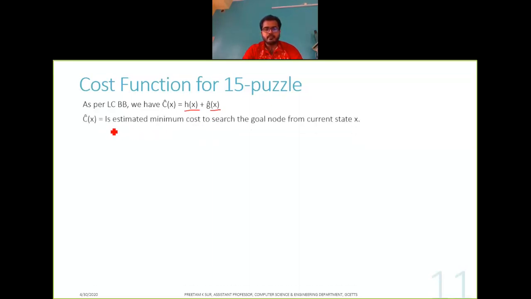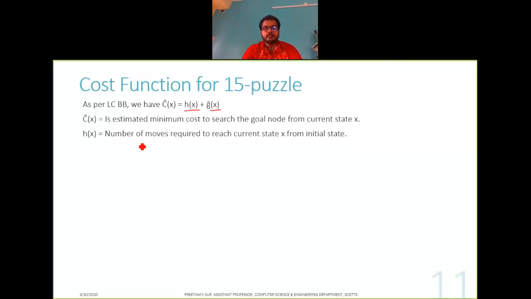So what we will do, we will try to find out c cap x, the estimated minimum cost to search the goal node from the current state, or current node X. Now c cap x will be the summation of these two.